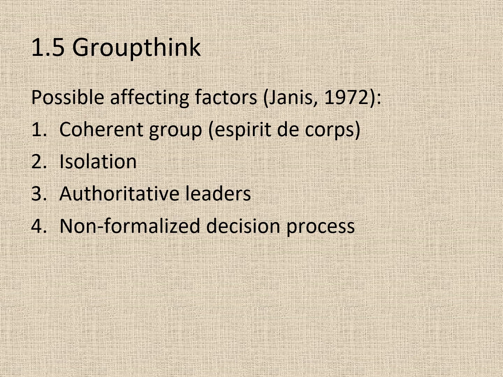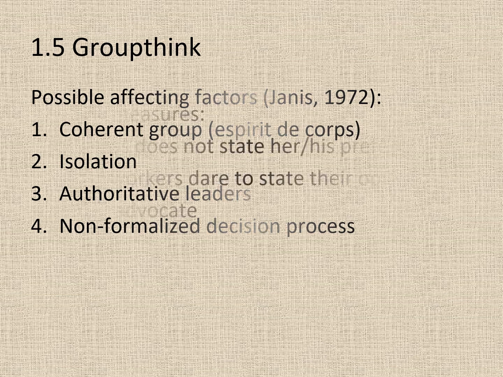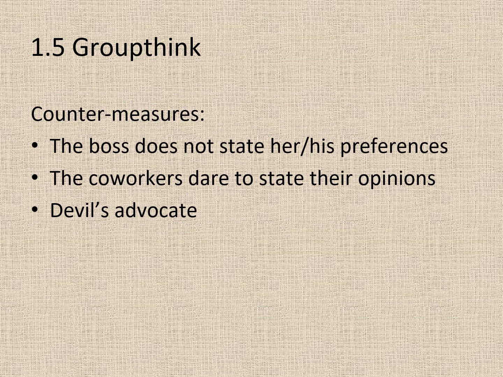Because if the advisors think that this is what the president wants, then there is less probability that they will express differing opinions. So he should make sure that he's not sure himself. I don't know if we should do this or if we shouldn't. I want to hear your opinions. And it might be a good idea to state that I want to hear differing opinions.